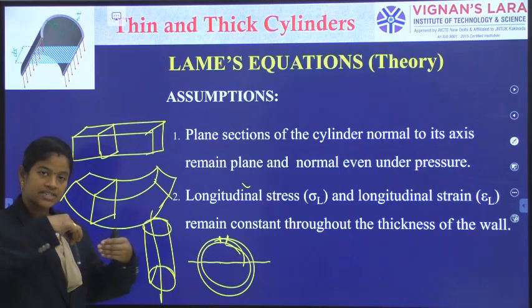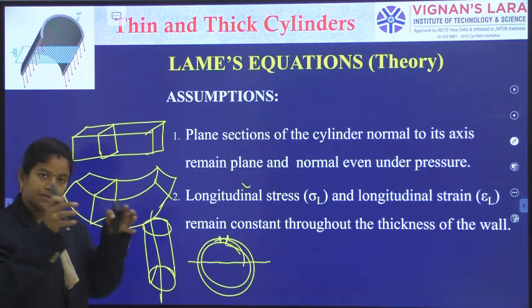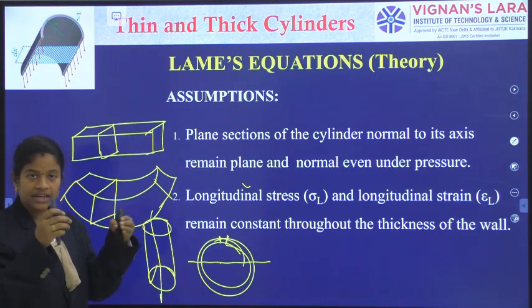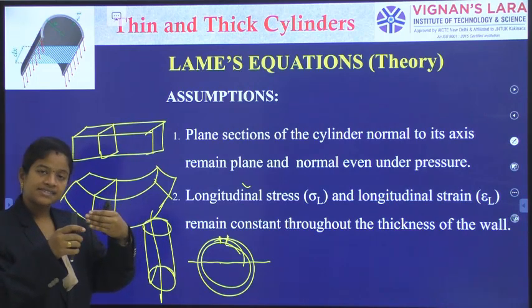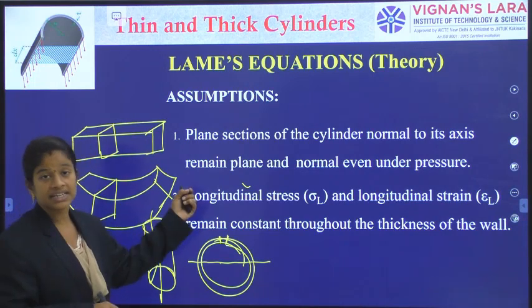Perpendicular to the axis of the cylinder, there are many planes. Even after bulging, after the radial pressure application, those planes are still plane and still normal to the axis of the cylindrical container.